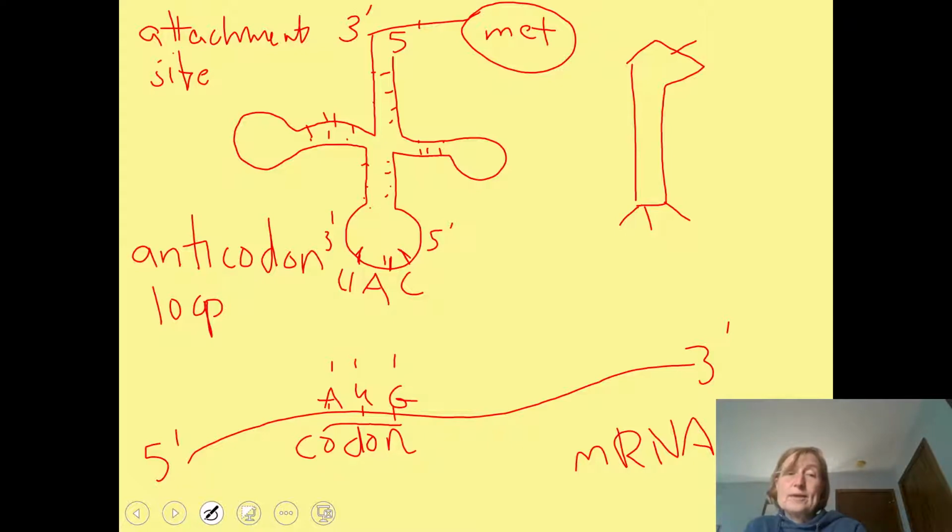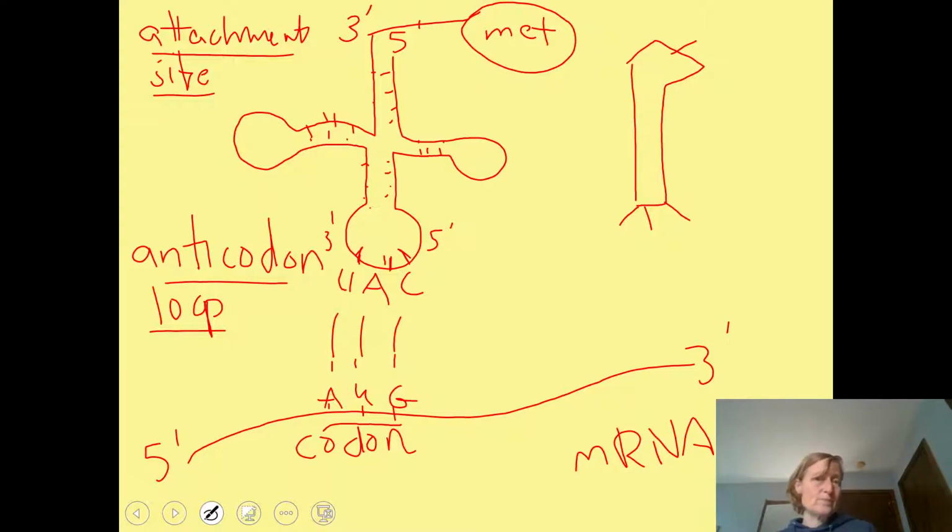Its anticodon loop complements the codon AUG. It sees AUG and it translates AUG into methionine. So what it carries on its attachment site is methionine, the amino acid met. Okay? So every tRNA molecule has an anticodon loop that recognizes a codon, and every tRNA molecule has an attachment site for the appropriate amino acid that the codon codes for.